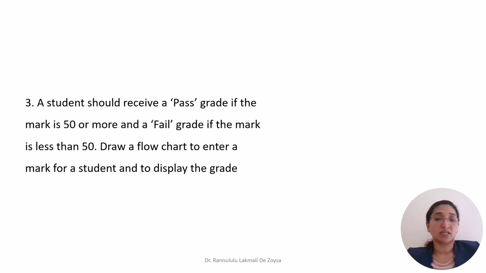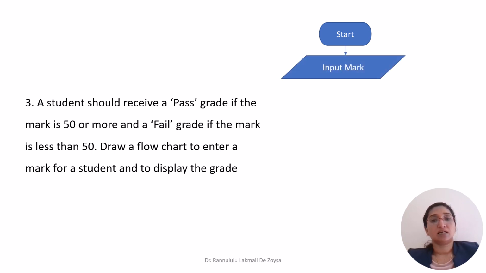Based on the mark that you entered, the computer decides whether the student is a pass student or a fail student. Okay. You begin the program, start. Then you need to input the mark. Whenever you enter the mark, can you directly say, okay, this student is a pass student, this student is a fail student? Can you directly say that?